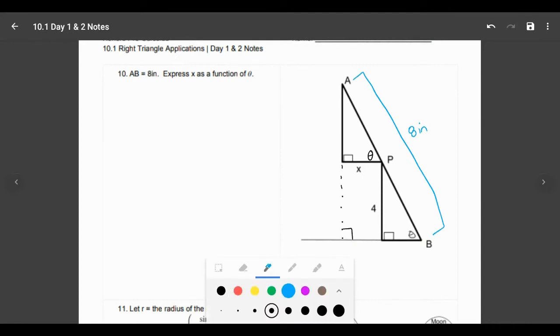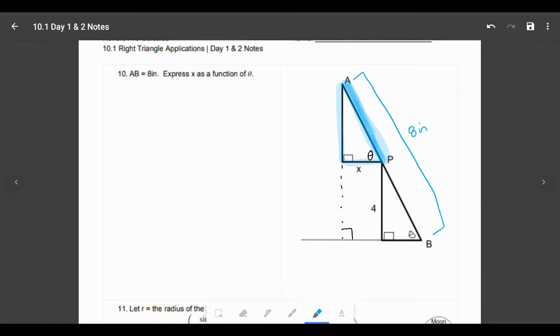For this first triangle up here, I will highlight him in blue and call him my blue triangle. So for this guy, since I am going to be looking for representing side AP, I'm going to set up that since I have the adjacent and I'm looking for the hypotenuse, I'm going to set up cosine of theta equals x over AP.